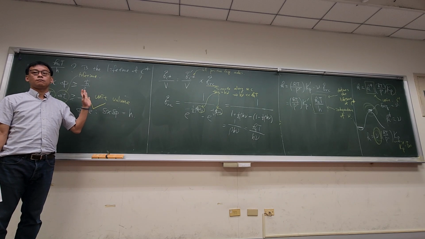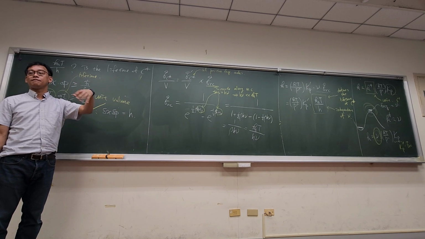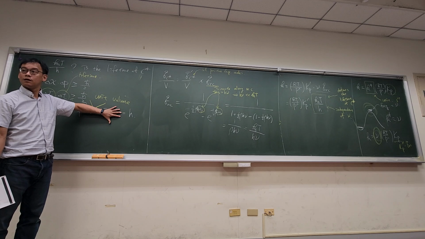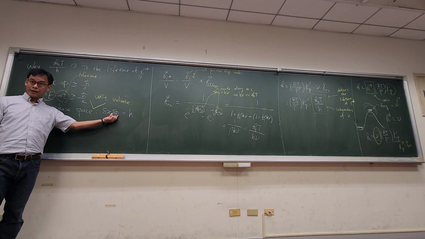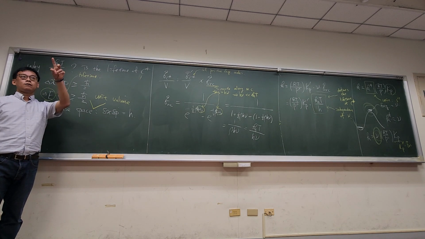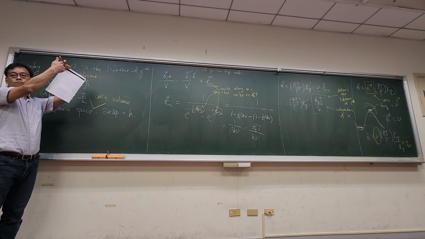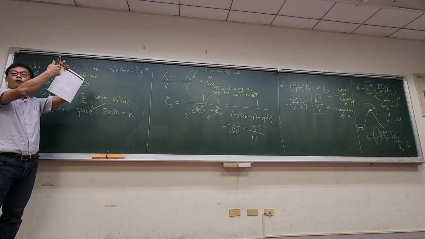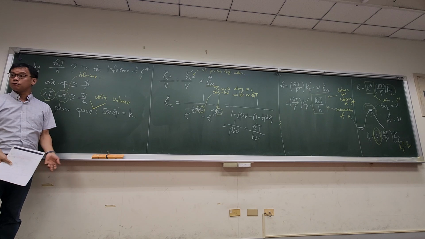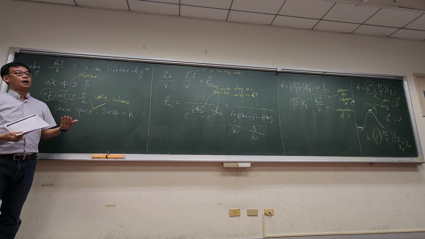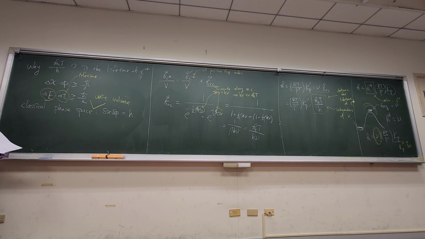In classical statistical mechanics, when you want to count the number of states in a phase space, there's a unit value of h, because there's uncertainty in position and momentum. So within this volume, there are infinite classical states, but they all count as one quantum state. Fundamentally, this is a consequence of the uncertainty principle.